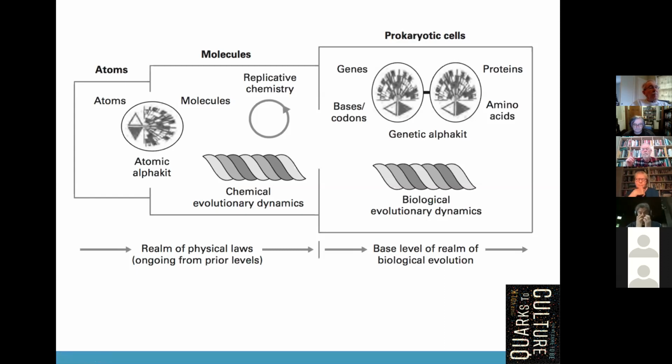There are two things I want to go into here. One is a quick review of the double alpha kit structure of the full genetic alpha kit, and the other is the point that this is within the richness of the molecules.